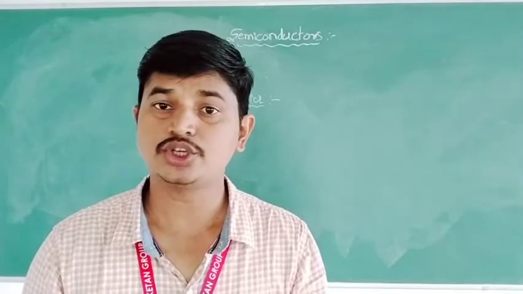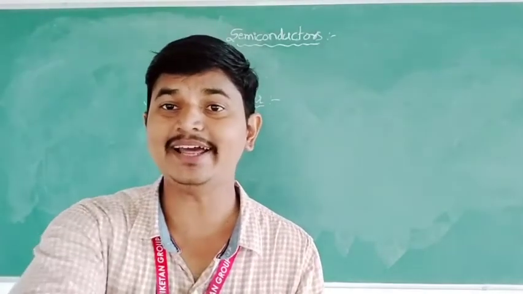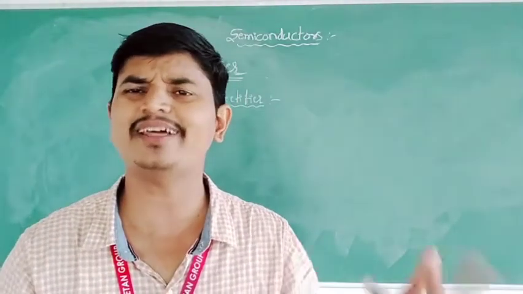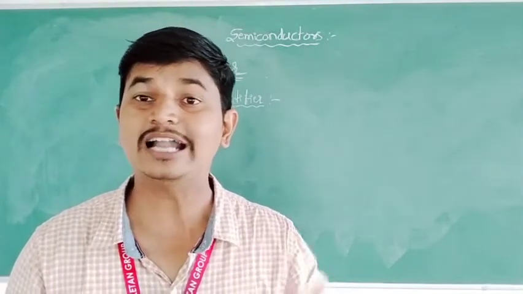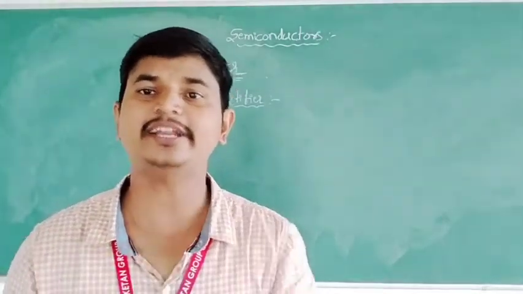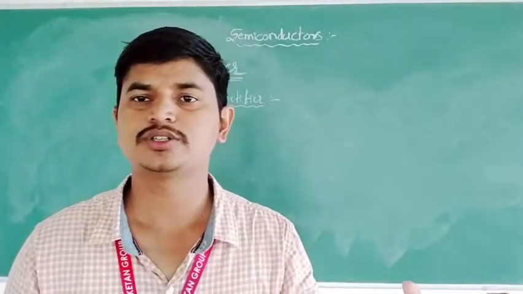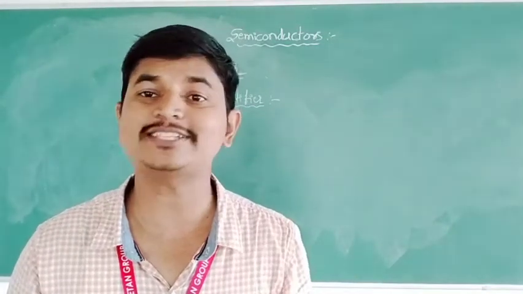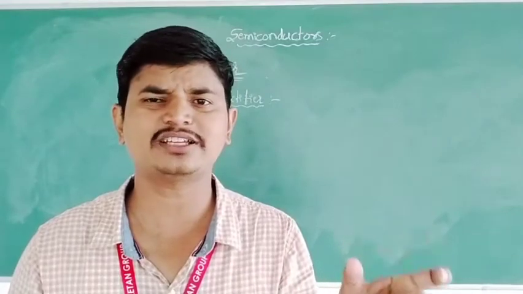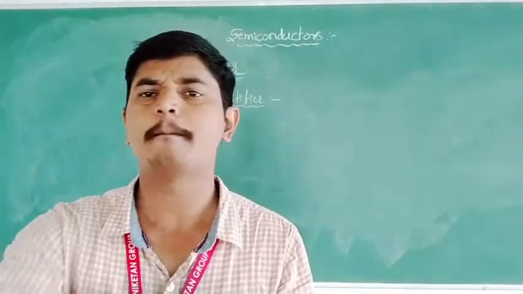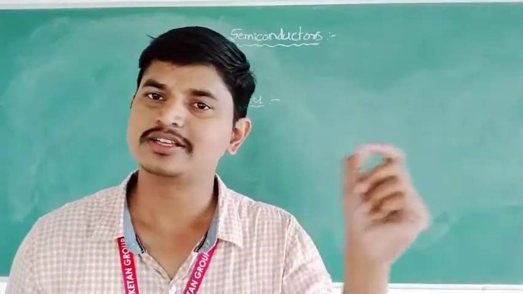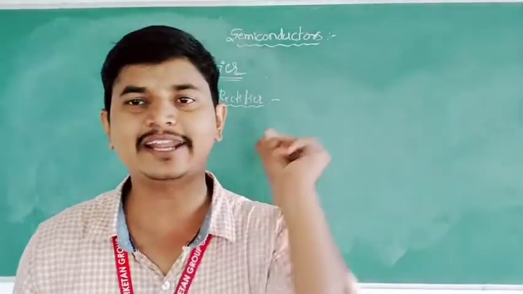Using this device, bidirectional current can be converted into unidirectional current. Bidirectional is nothing but alternating current. Alternating current can be converted into direct current using the diode. That process we call the rectification process. Rectification is the process of conversion of bidirectional current into unidirectional current, or alternating current into direct current.